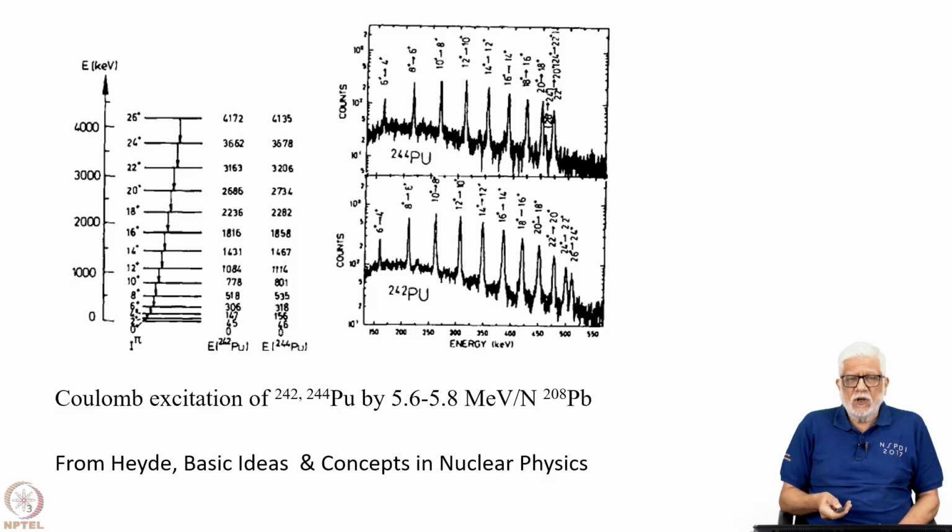Similarly, if you do Coulomb excitation, so if you shoot, let us say, a lead projectile onto a plutonium target, what is shown here is the Coulomb excitation spectrum for plutonium-242 and 244 using the lead nucleus bombarding it just around the Coulomb barrier.